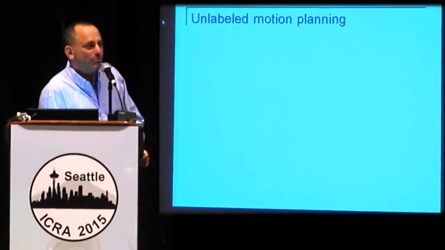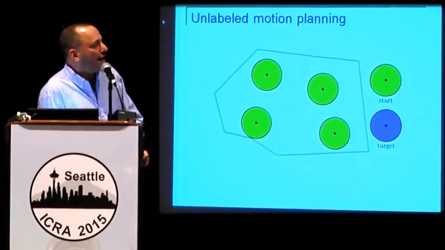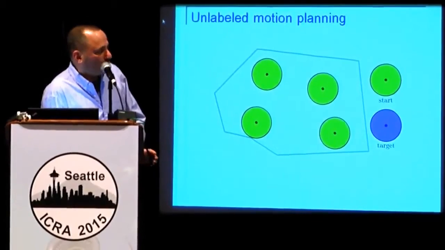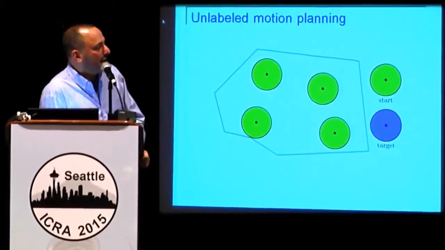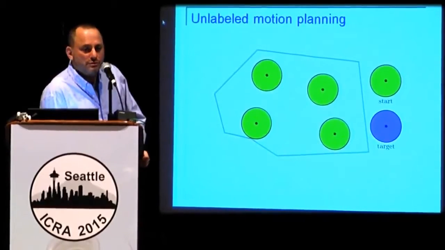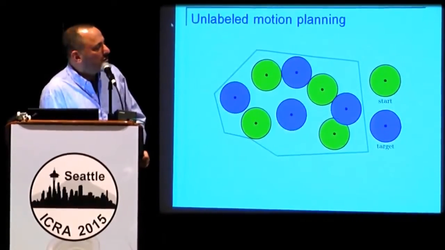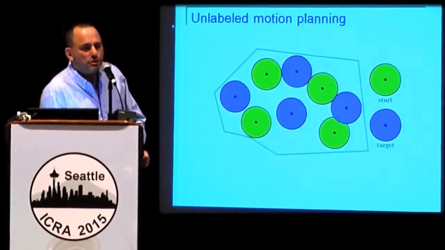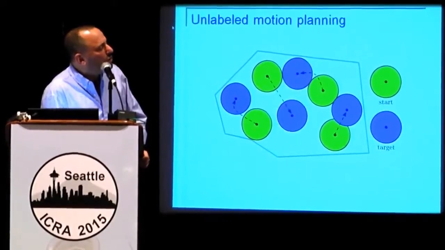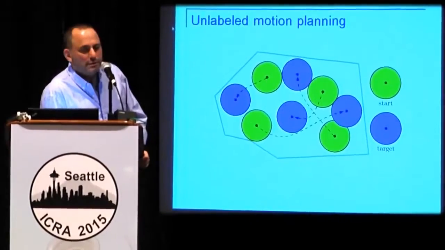Now, let's focus on unlabeled motion planning and make sure that people understand what it is. So I give you a unit disc robot, say. The green denotes starting position. Purple is target position. And I don't care which robot gets where at the end.